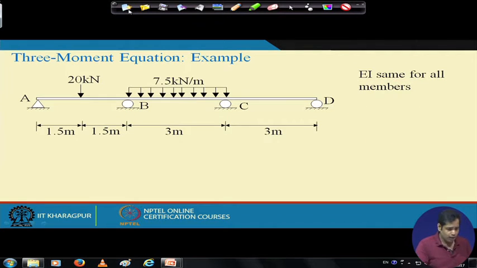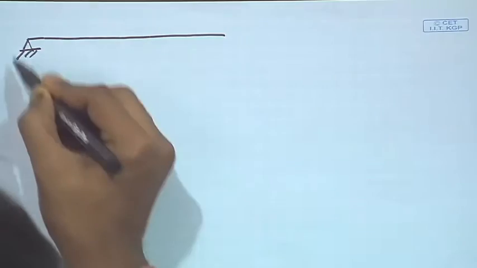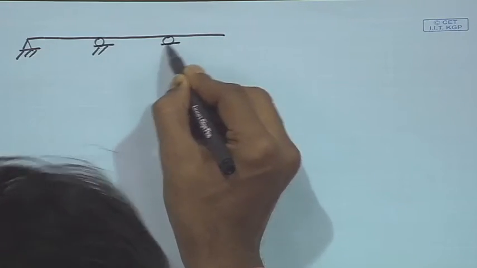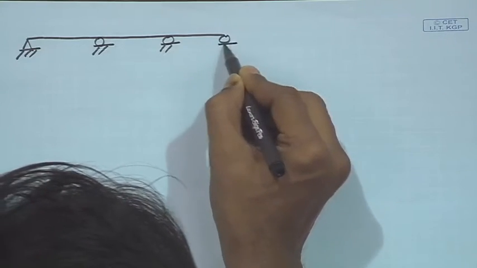So the example is like this. This is the three span beam, A, then a roller support here, another roller support, and then another roller support here.